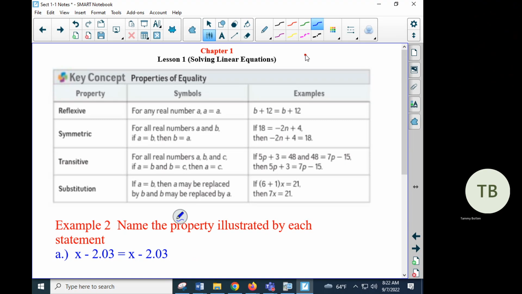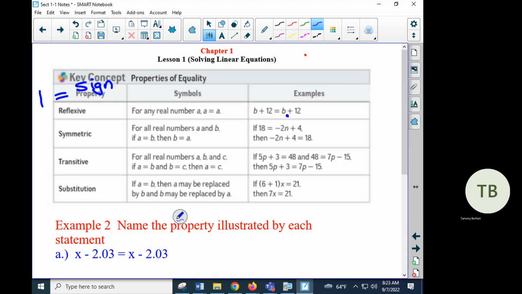And one thing I want you to notice with reflexive is you always have one equal sign. So it would be something like 5 equals 5, A equals A, 7 equals 7. Anytime the left and right side equals each other, that's reflexive.